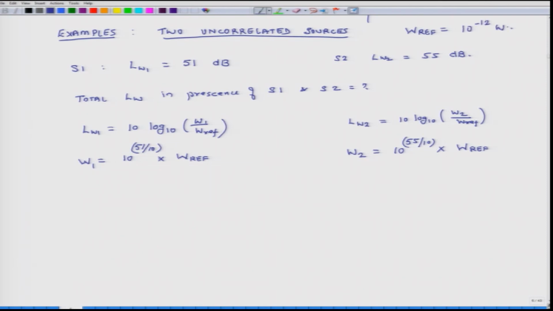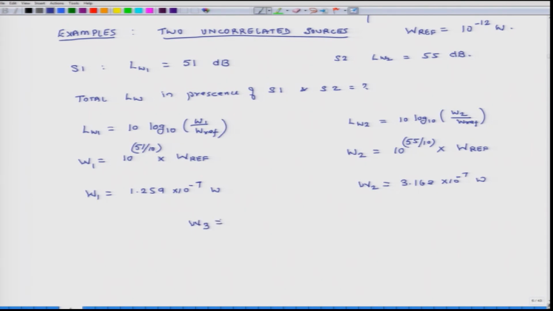This is something we had defined yesterday or last week. So, W1 equals 1.259 into 10 to the power of minus 7 watts, and W2 equals 3.162 into 10 to the power of minus 7 watts.